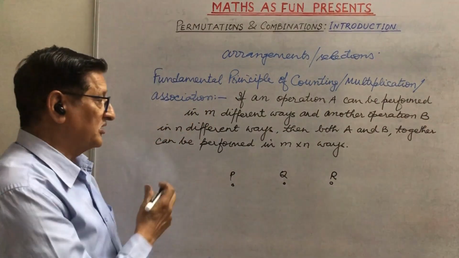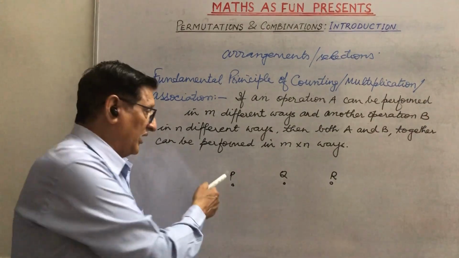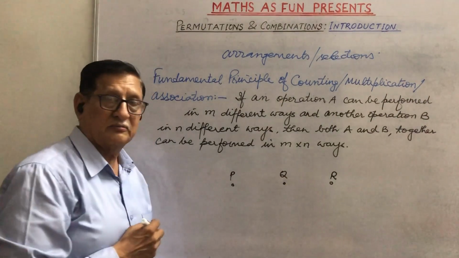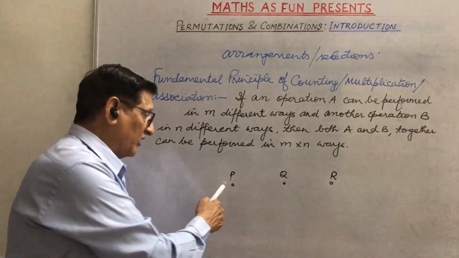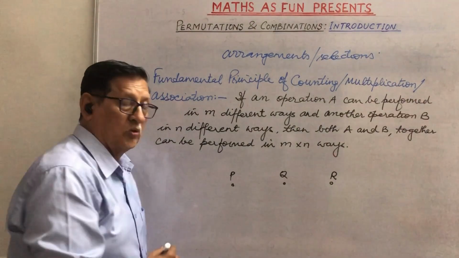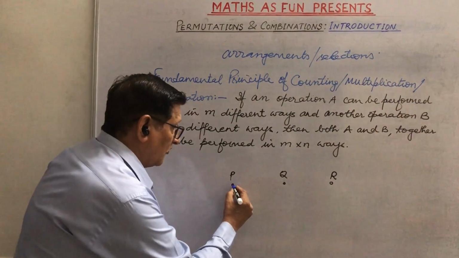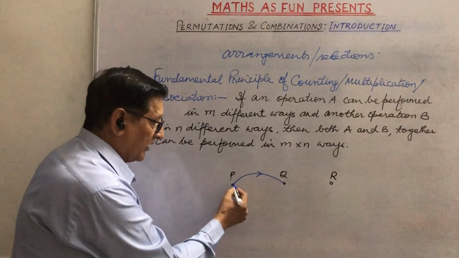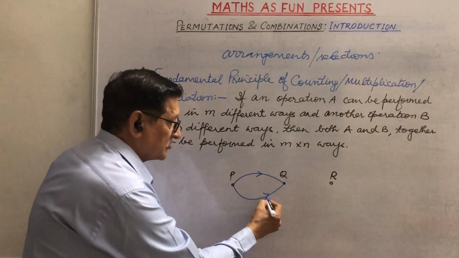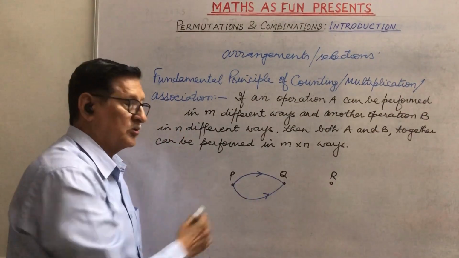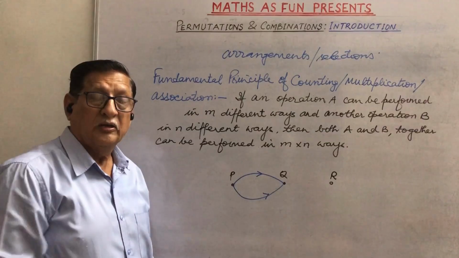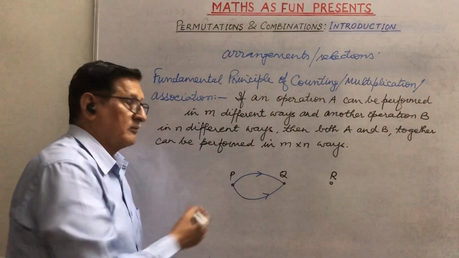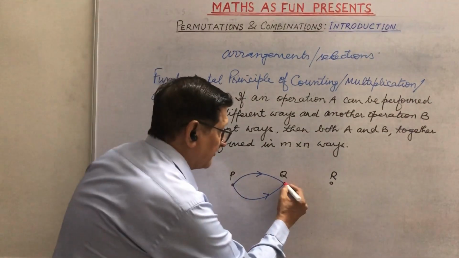Let's understand this with a simple example. Suppose we have three places P, Q and R. Suppose one wants to go from P to Q. The ways to go from P to Q are two. Suppose this is the first way and this is the other way by which a person can reach from P to Q. Then from Q to R, he has three different ways.